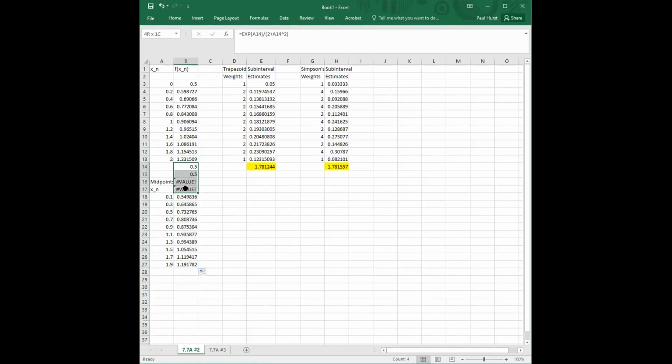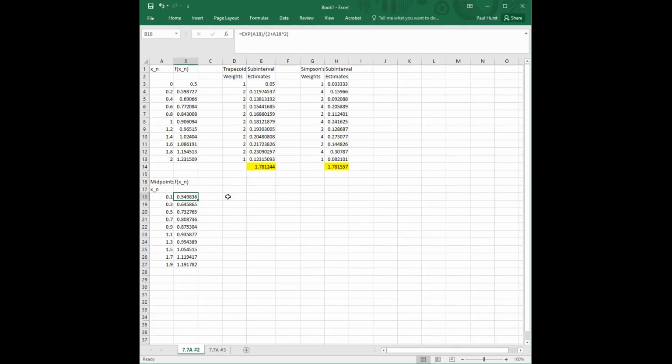It'll give me a bunch of errors. I'll delete all those. Put that in there. Just making sure. So exp over 2 plus x squared. And then all the weights are 1, so I don't have to do that one.